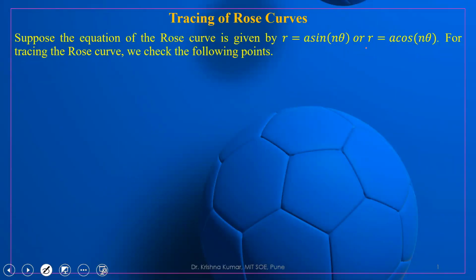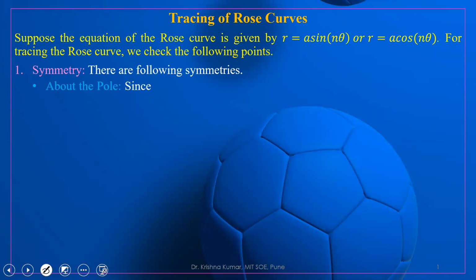So again, we check the following points. Since it is the Rose curve, we again say that the x-axis is the initial line theta equal to 0, origin is pole, y-axis is line theta equal to pi by 2, and so on. If you want to check the symmetry, again there are three symmetries: about the pole and so on.